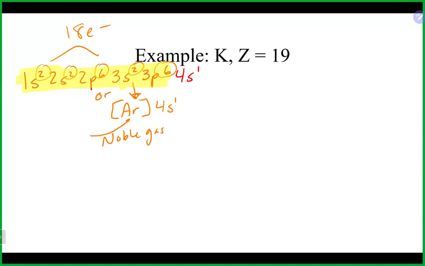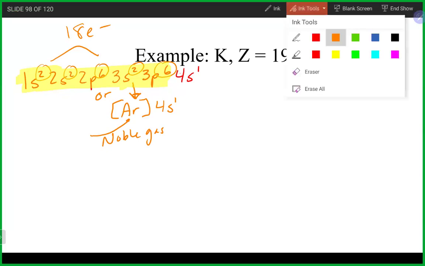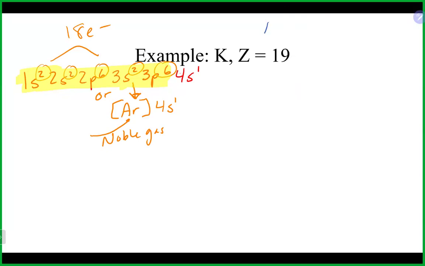For example, if we did our friend sodium, which is 11 electrons, 1s2, 2s2, 2p6, 3s1. Up until this point on sodium's configuration, that is 10. And if we look on the periodic table, the noble gas that comes right before it is neon.